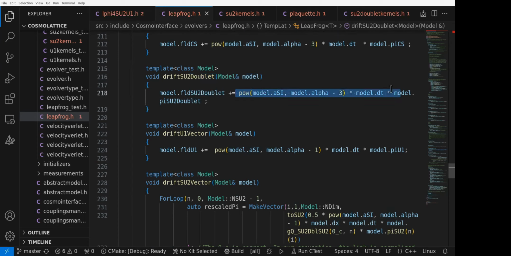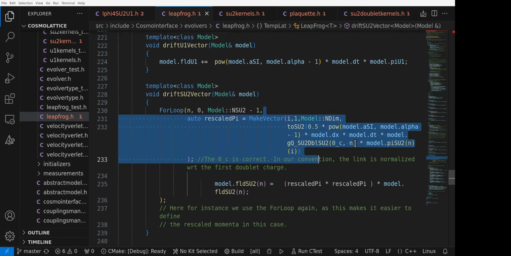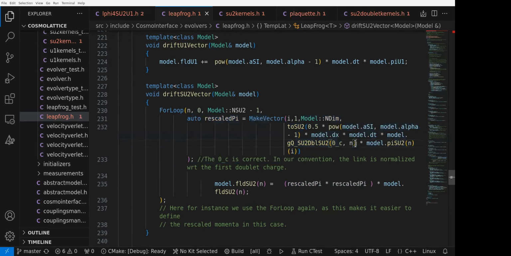You just add dt times the momentum. The drift for the vector is what I wrote here, and is really this rescaled pi, just computing this 1 minus pi that I explained before in this way here. And here it uses the trick that you're in SU2.